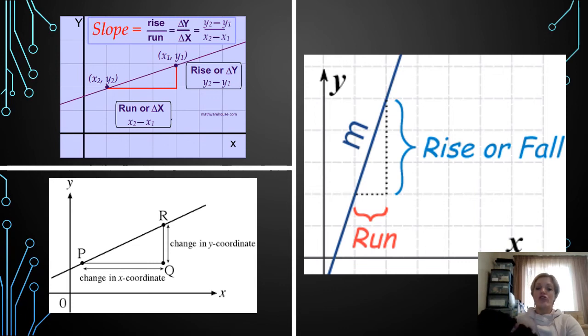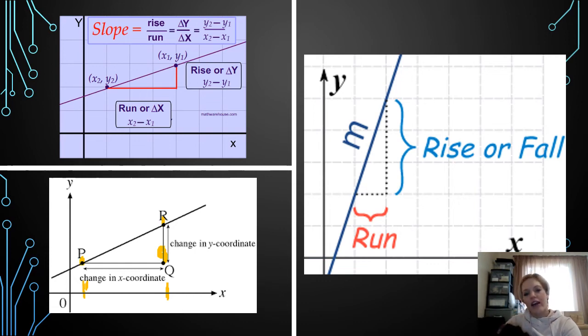Okay. So if you had to look over here, let me get my highlights up. You have got point P over here and point R over here. So what I would want to do here is look at point Q. I would want to know the difference between this, my x2, and this, my x1.